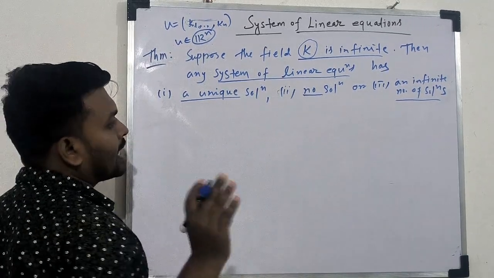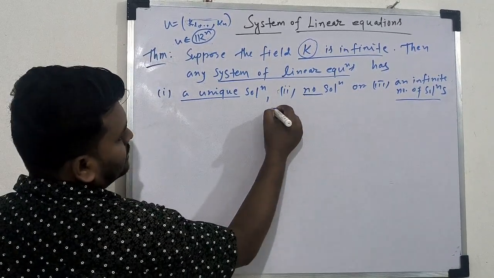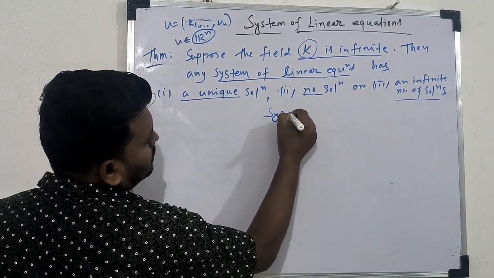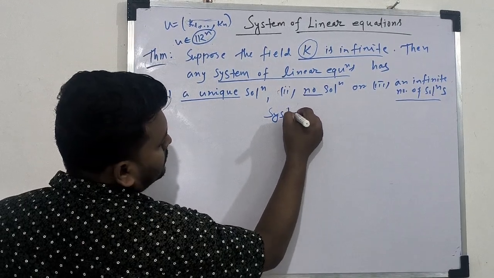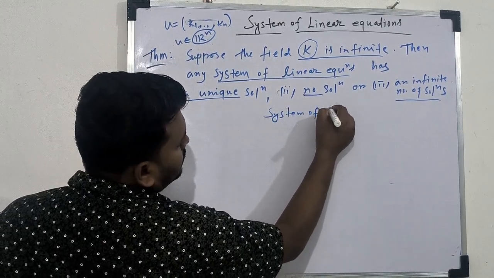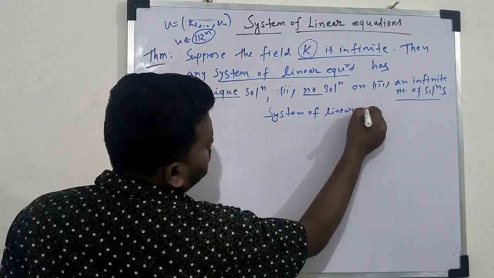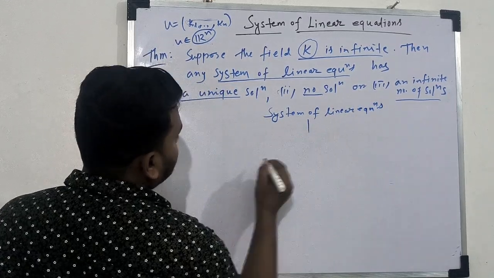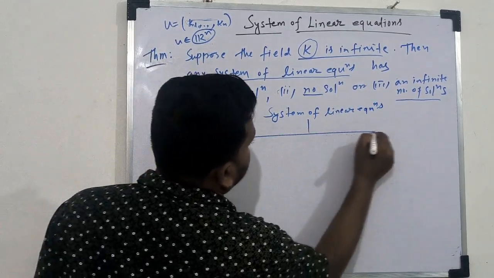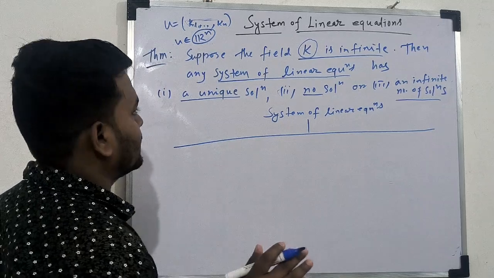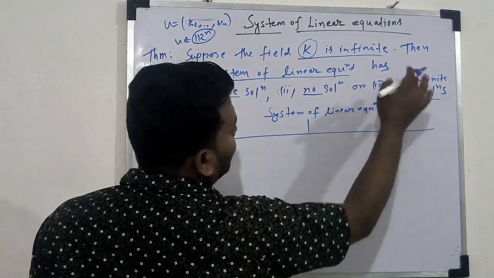So whenever we discuss it, we discuss it in this manner: system of linear equations. You are given a system of linear equations. So three cases arise: unique solution, no solution, or an infinite number of solutions.